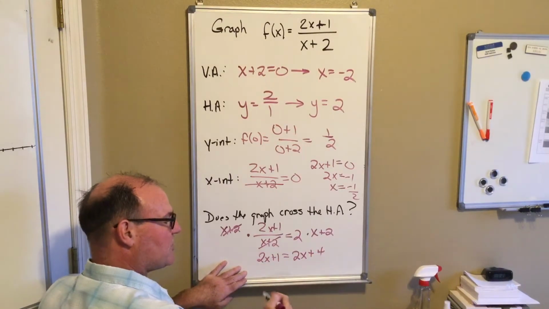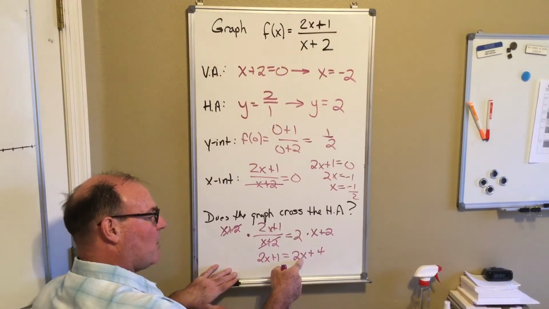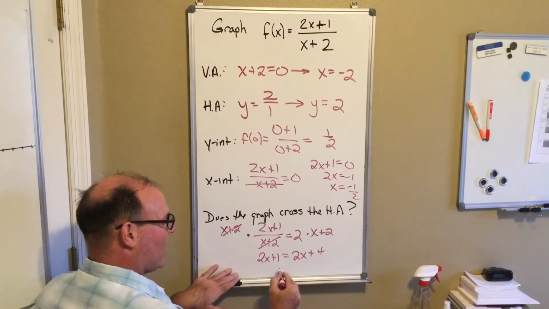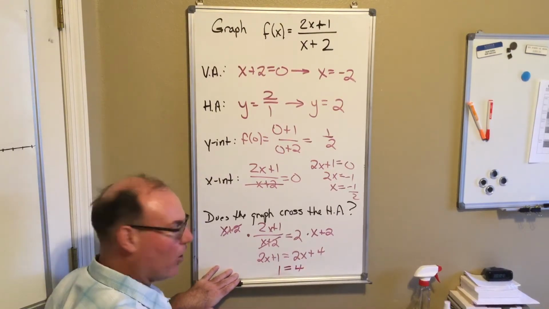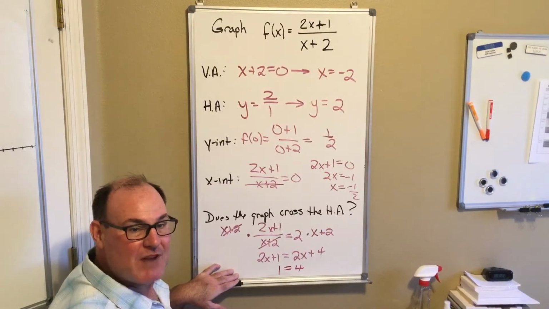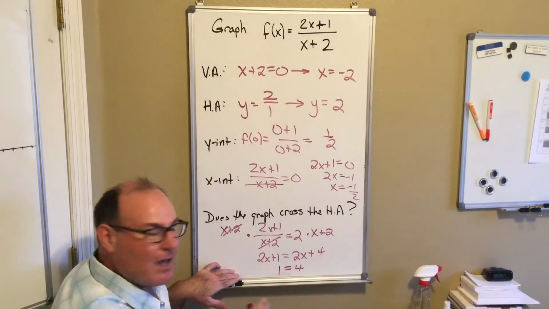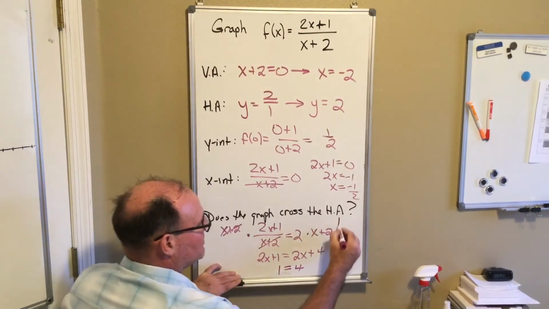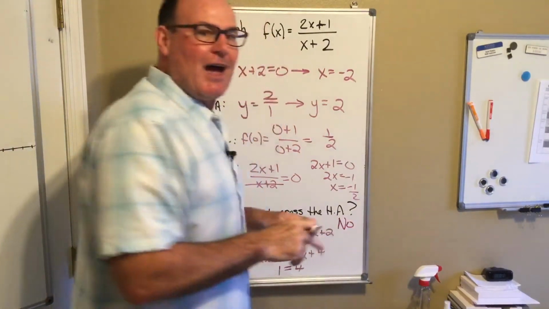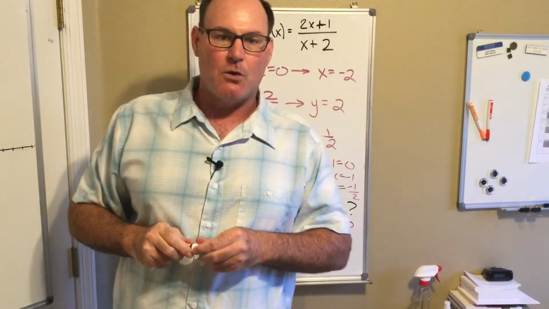And once again, just like with the previous problem, when I bring the 2x over here, I end up with the equation 1 equals 4. That is a contradiction. That's never going to be true. So the answer to this is no. So once again, I can trust that the horizontal asymptote is firm.